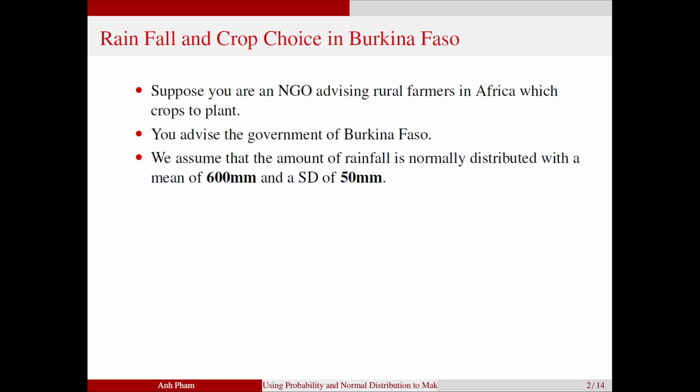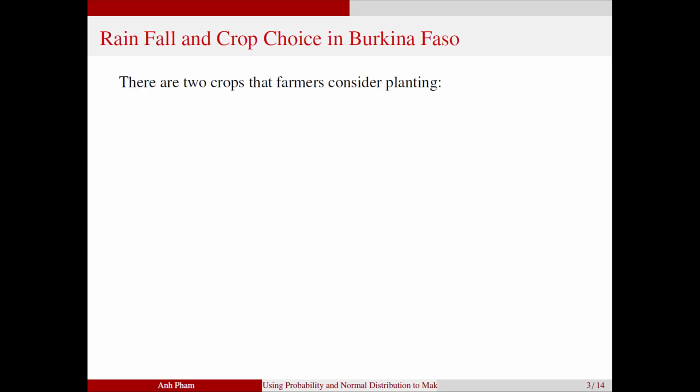We assume that the amount of rainfall is normally distributed with a mean of 600 milliliters and a standard deviation of 50 milliliters. There are two crops that the farmers consider planting.